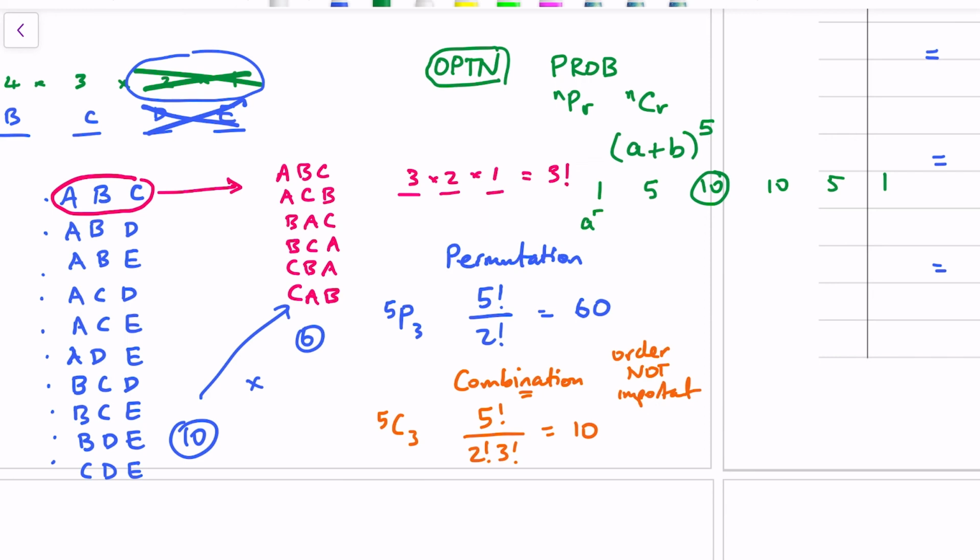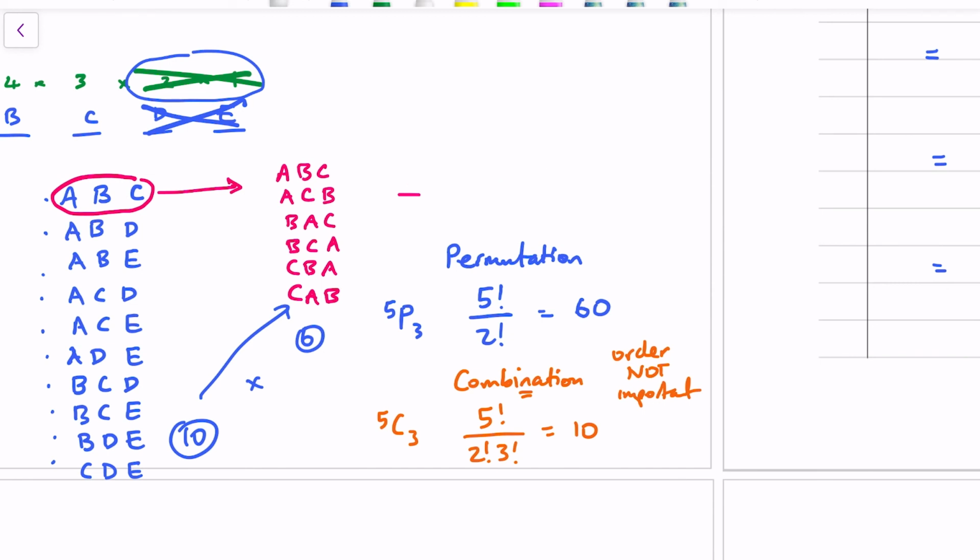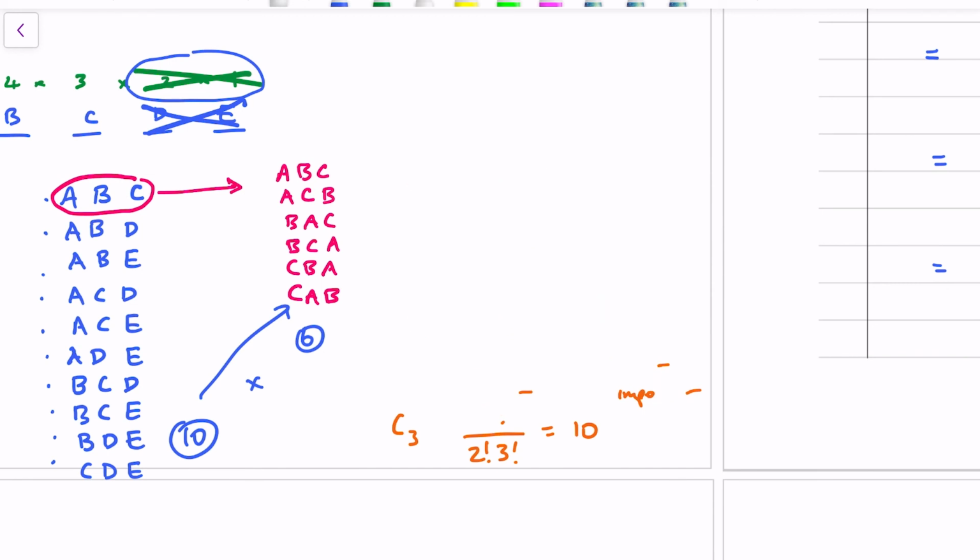There's A to the 5, 5A to the 4B, 10A cubed B squared. So 5 A's to choose from, we're only choosing 3 of them. How many ways can you do it? 10. Okay, so hopefully that little tutorial has given you an appreciation of perms and coms, and enough to be able to solve this problem here.